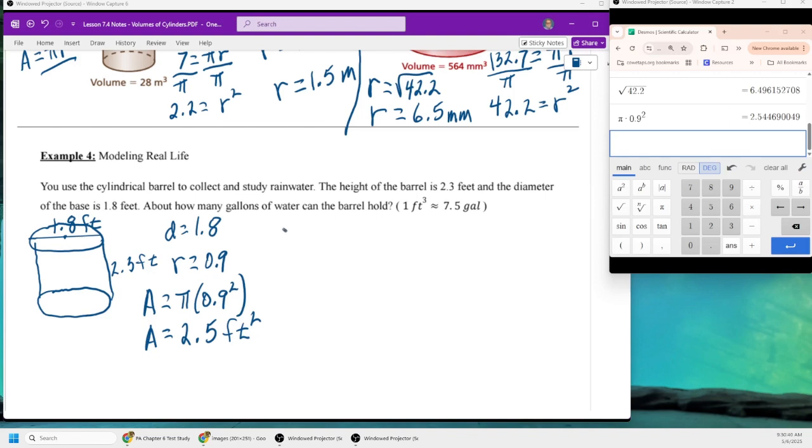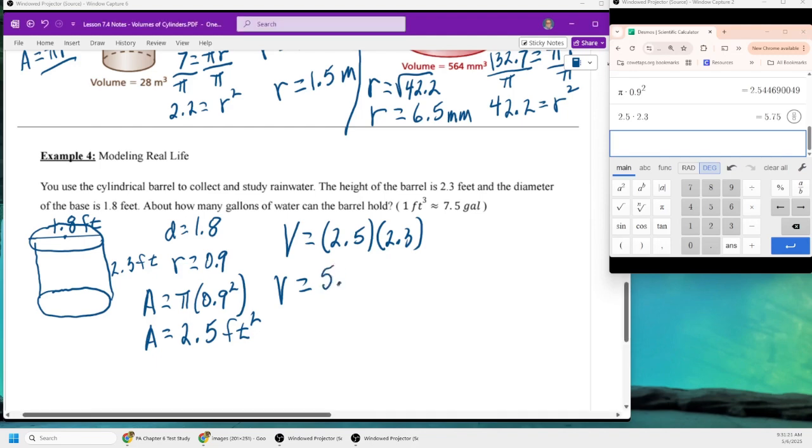Then to get my volume, I take the area of the base times the height of the whole cylinder, which is 2.3. 2.5 times 2.3 is 5.75, and that is cubic feet.